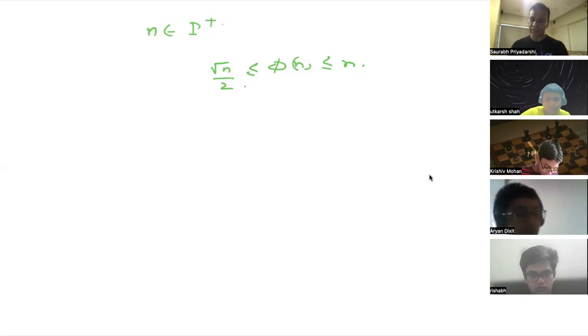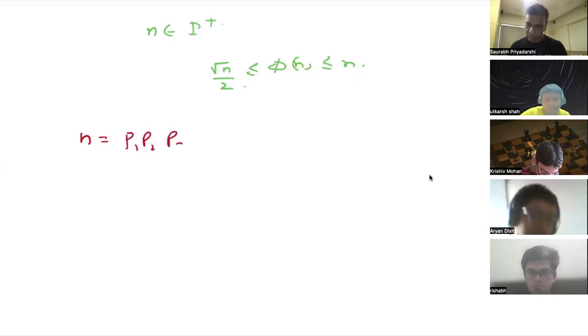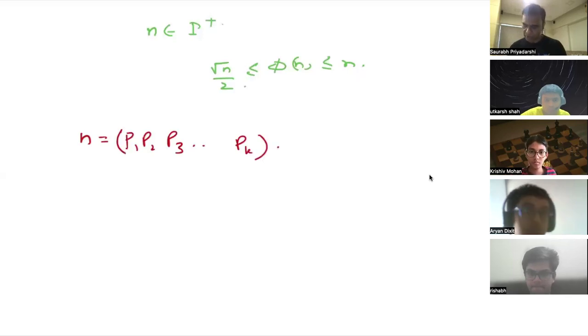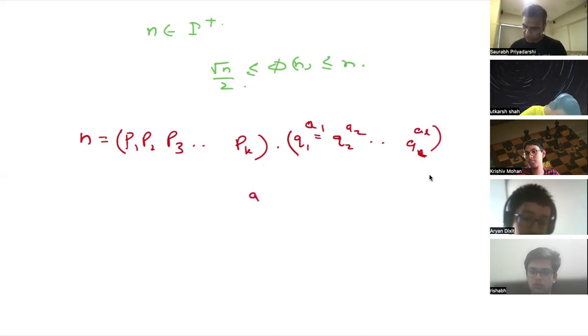So in this case, let's suppose n is equal to P1, P2, P3, up to Pk, and maybe some Q1 to the power A1, Q2 to the power A2, up to Ql to the power Al, where any of the A's must be greater than or equal to 2.